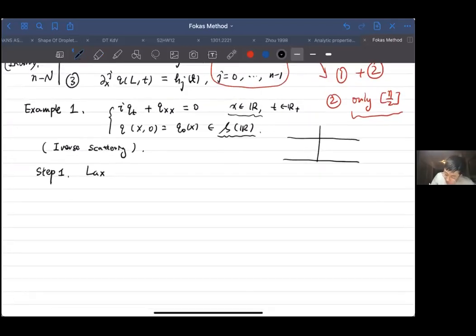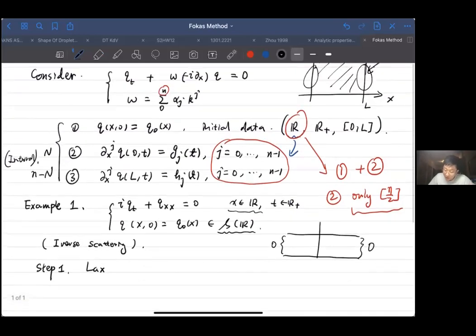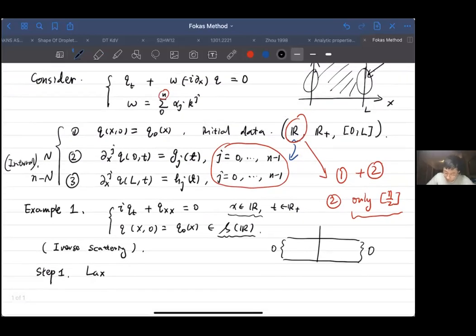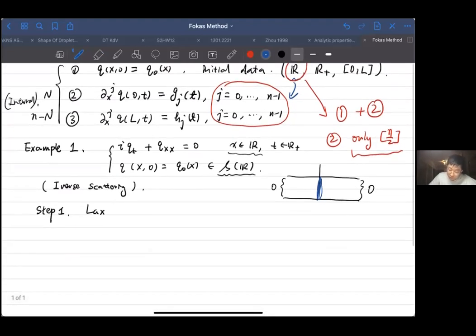So for any t, you actually pose some boundary condition at infinity. But in this case we don't have a boundary, so we just assume the initial data is decaying at infinity. So it's already well posed.